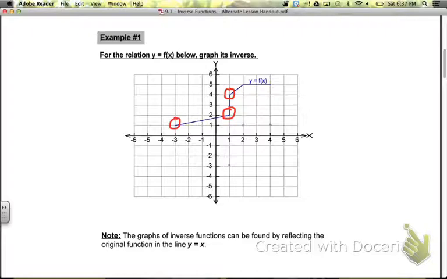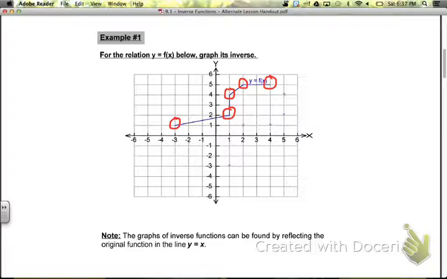And then our next point is (2, 5). So when we graph that, it's going to be at (5, 2). And the last point that we have here is (4, 5). So now that point is going to be graphed at (5, 4).